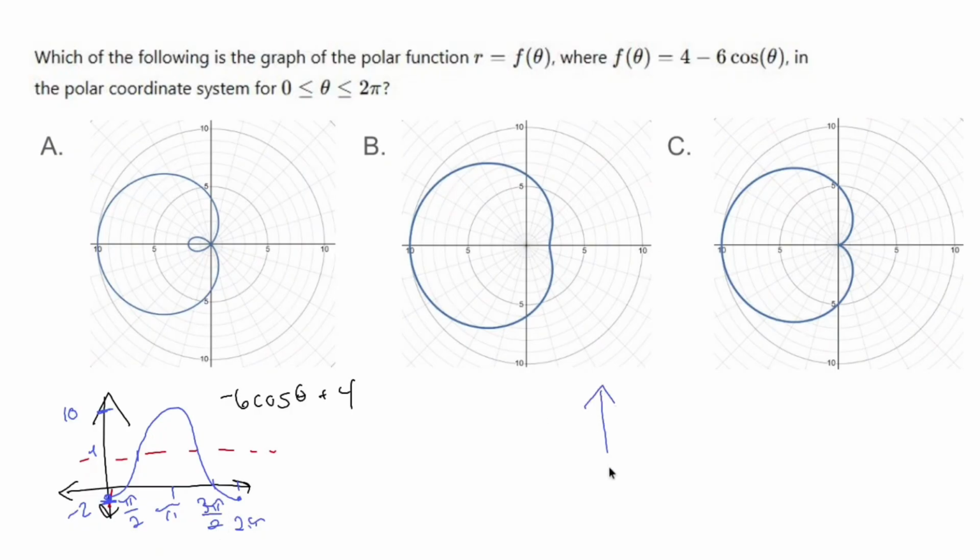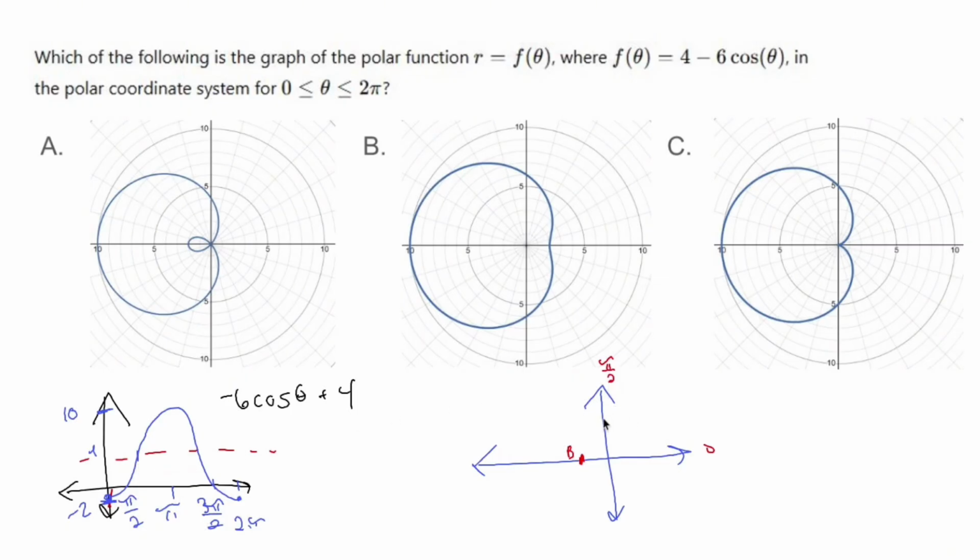Now, what I like to do with these is I like to draw out what I think is a rough sketch, right? So if I'm starting out at 0, negative 2, here's 0, but going negative 2 is actually going to have me start out here. So that's my beginning, and I'm going to put B there for beginning, okay? If I were to make my way around to pi over 2, I have a point of 4.